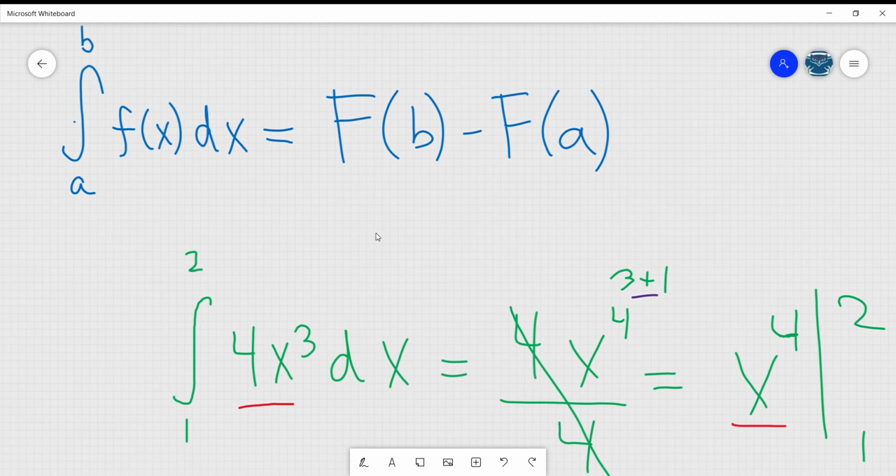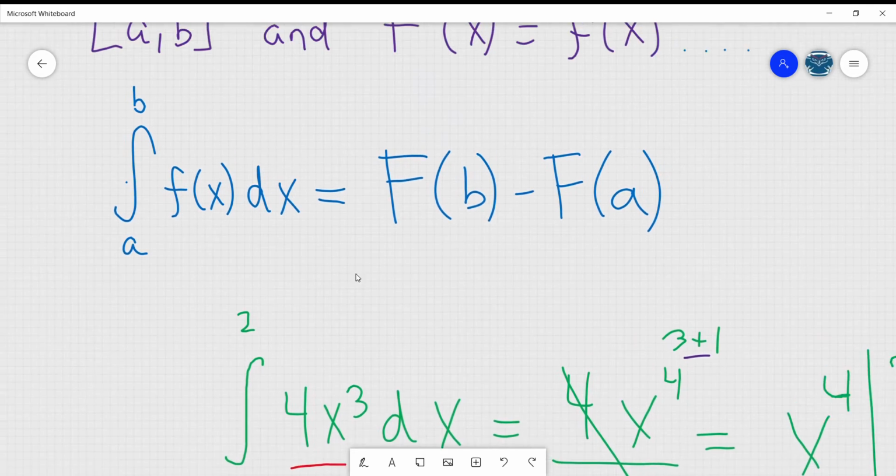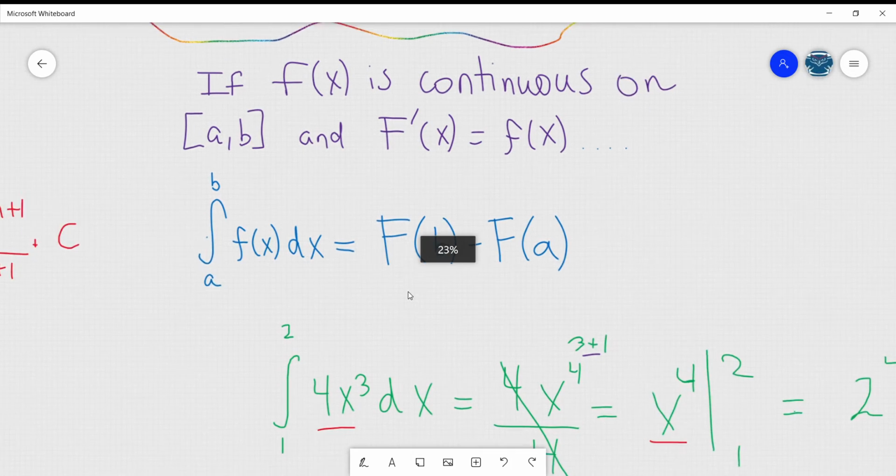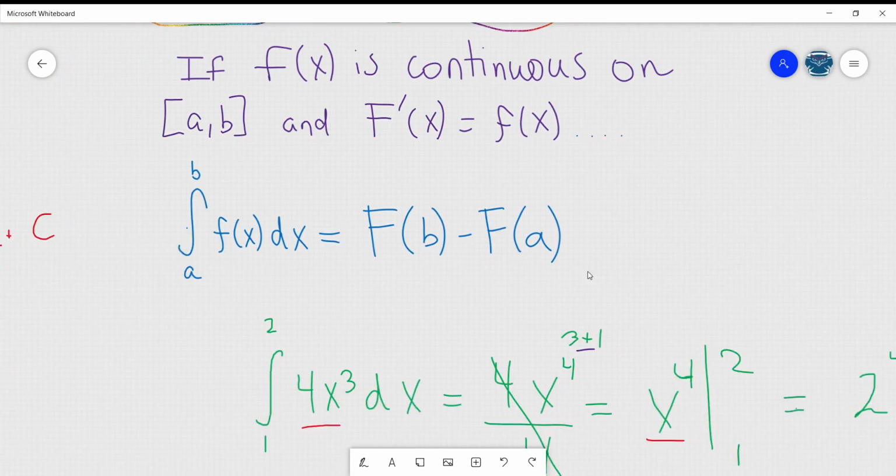So here it is. Let's read what it says, and then we'll explain what it actually means in English.